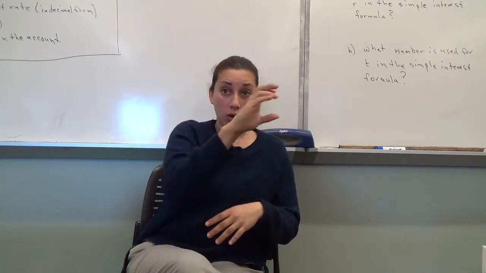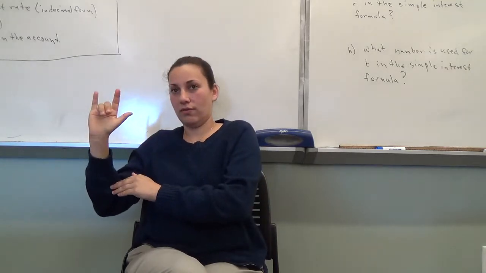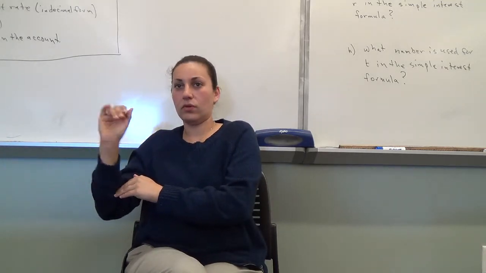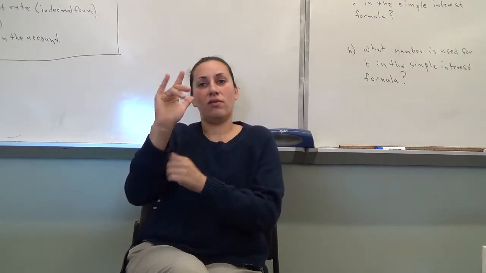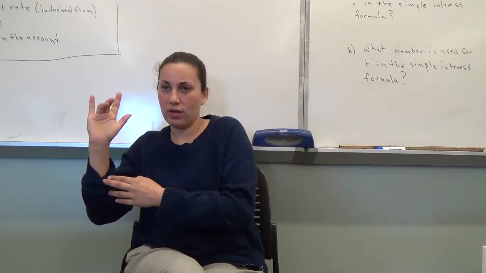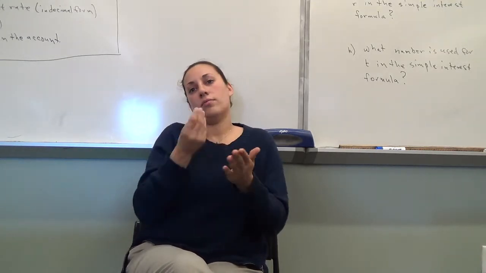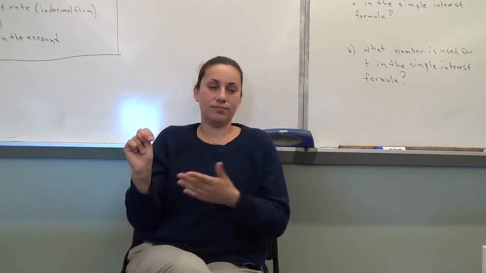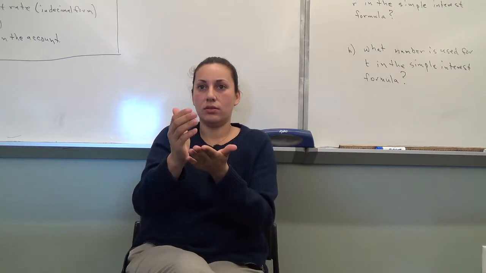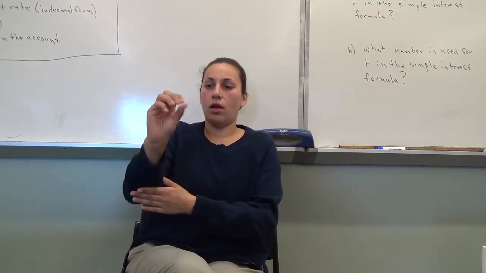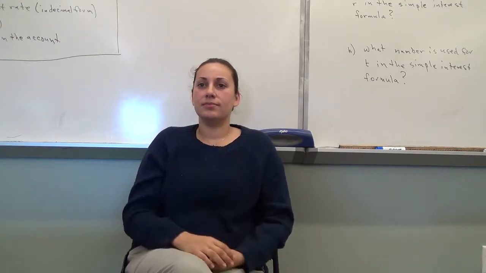And the commission rate is going to be 14%. That has to go in as a decimal, right? And so the amount of commission that she got is going to be the product of those two, and what does that turn out to be? 0.14 times 225 is going to be $31.50.